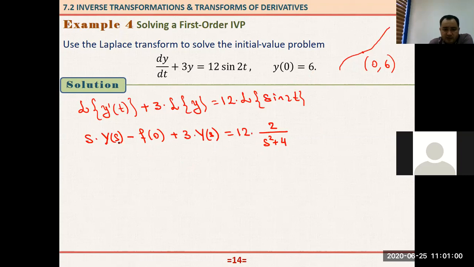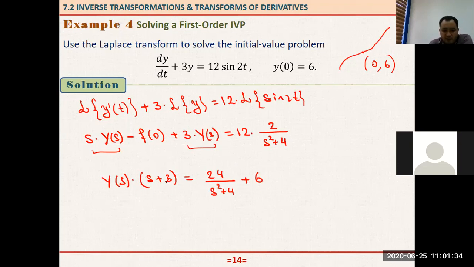So here, capital Y is a common factor: capital Y of s times s plus 3 is equal to, taking it to the right hand side, 12 times 2 is 24, so 24 over s squared plus 4, plus 6.